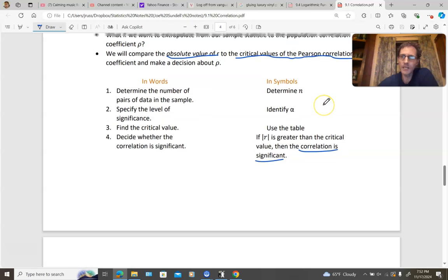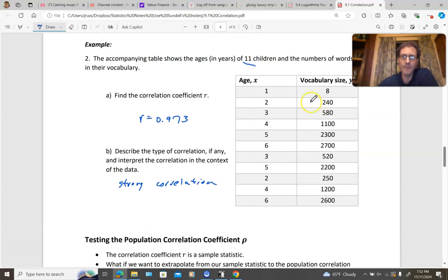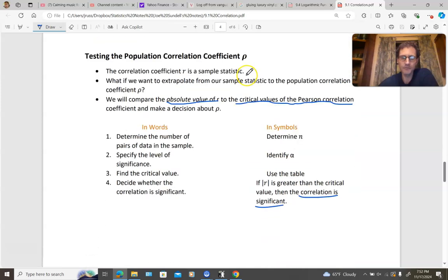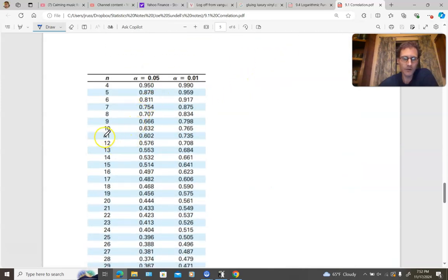All right, so let's test this with that last example. So here, our sample size was 11. Okay, so if I'm looking at 11 right here, these would be my two critical values right here, depending on my level of significance.